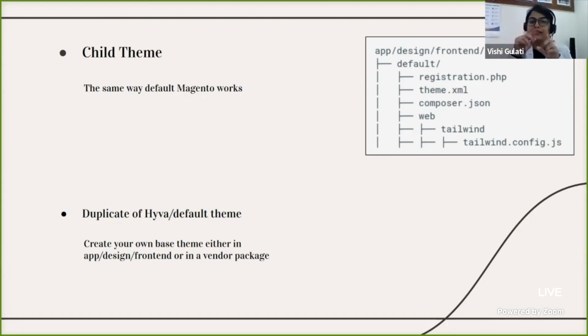And one more thing you need to do: there is a file, web tailwind.config.js. This is actually a Tailwind configuration file. So you need to point out your parent theme in this configuration file. Why we need to do that, we'll describe later. But for now, just know that we need to configure the parent theme.